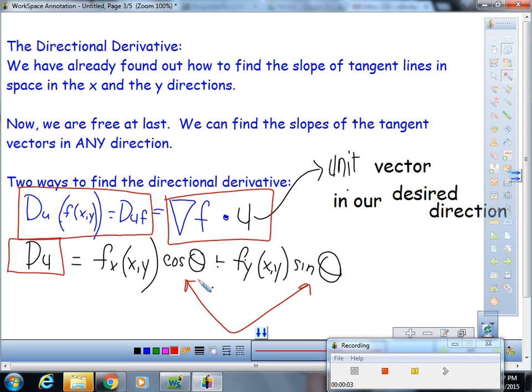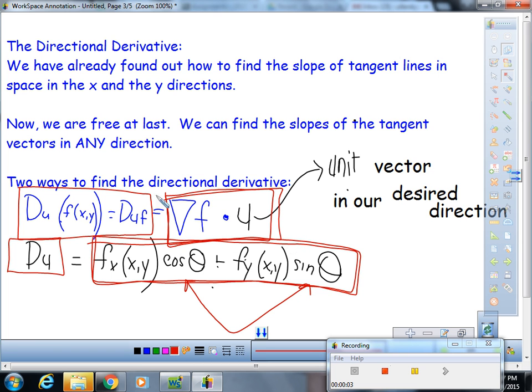Okay, so these red boxes that are double boxed, those are your 2 methods for finding the directional derivative. The easiest thing you can do is dot it with a unit vector. Dot the gradient function, or the gradient operator. That's what you call it. It's not a function, it's an operator, I guess. Okay? So far so good?